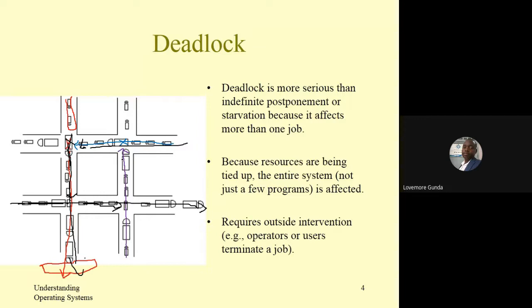Even though these were moving properly, they will stop at this point. While this stops, these ones, although they were moving properly, also stop at that point. So that completes the deadlock. No job can go to completion. That means no vehicle can pass, okay? Because those are being tied up, the entire system, not just a few programs, is affected. This requires outside intervention, either by operators or users, or terminating the job.